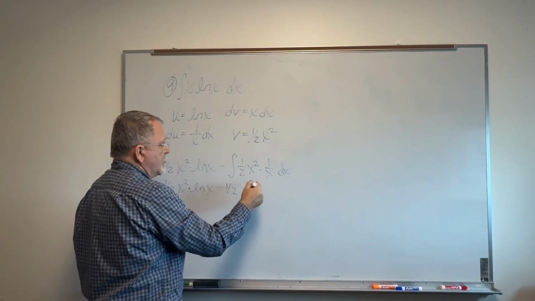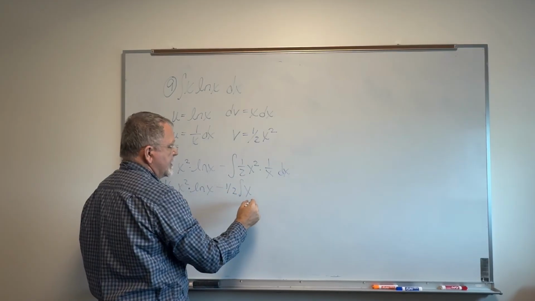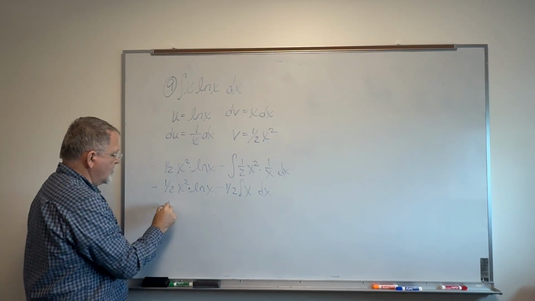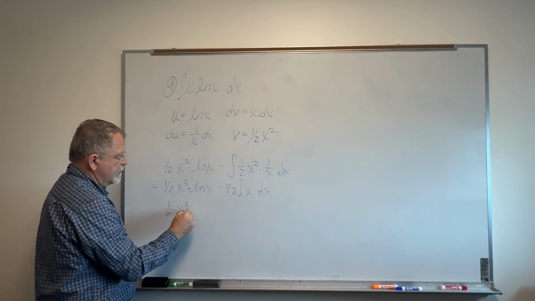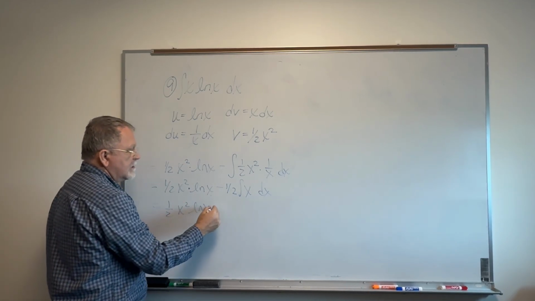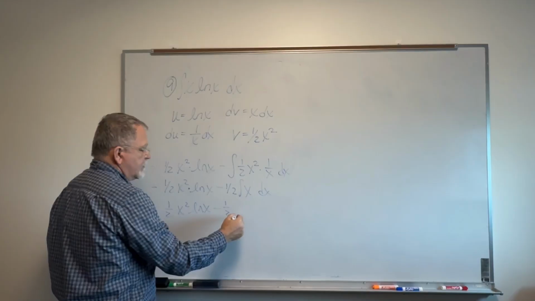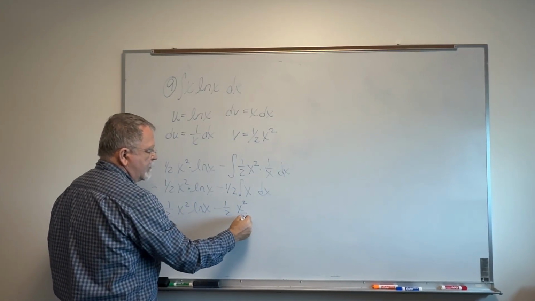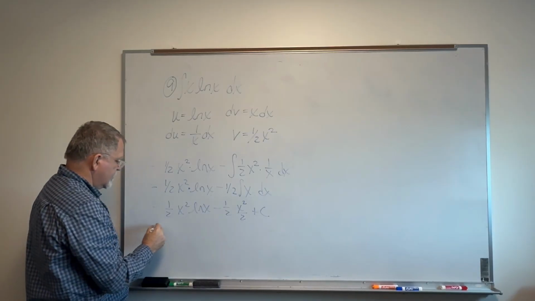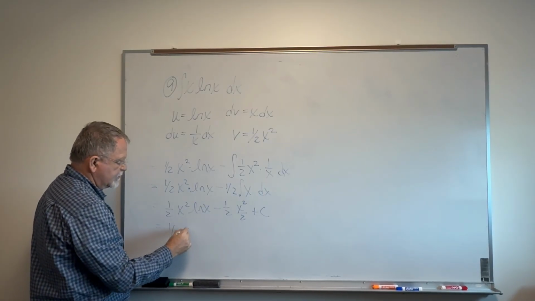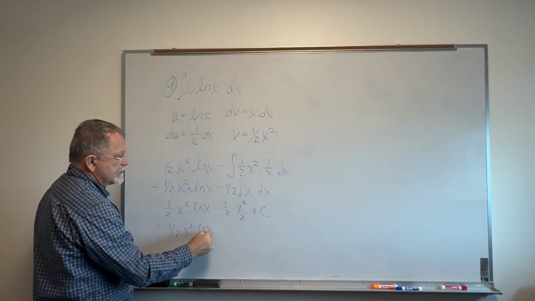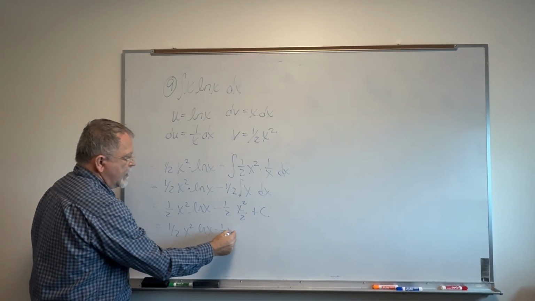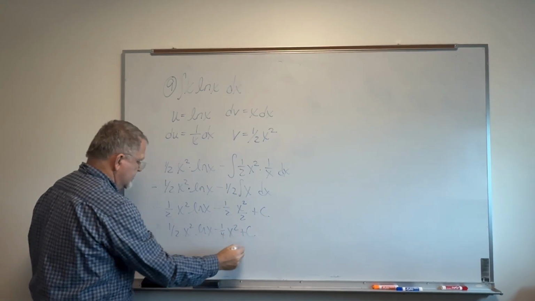The x squared times the 1 over x just leaves me with x dx. And I know how to integrate that. So this is 1/2 x squared natural log of x minus 1/2, add 1 to the exponent, divide by the new power, plus a constant. So all together, that's 1/2 x squared natural log of x minus 1/4, because the 1/2 divided by 2 is 1/4, x squared plus constant.